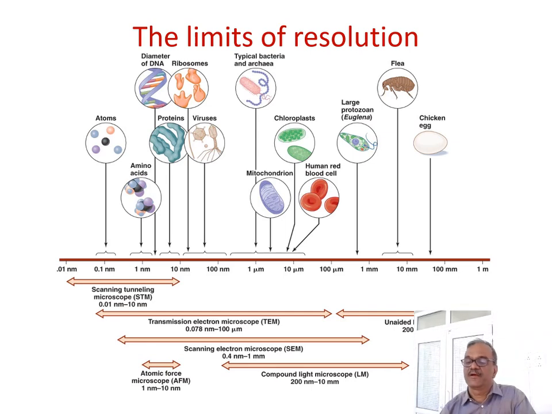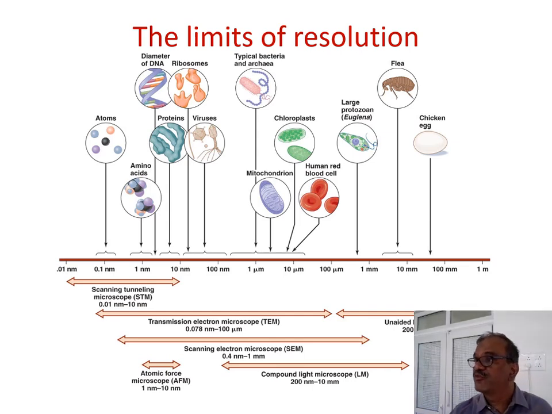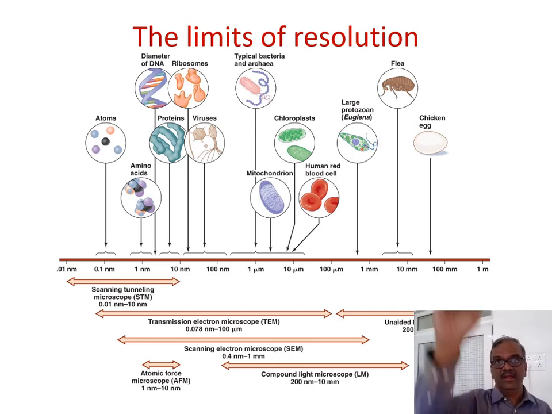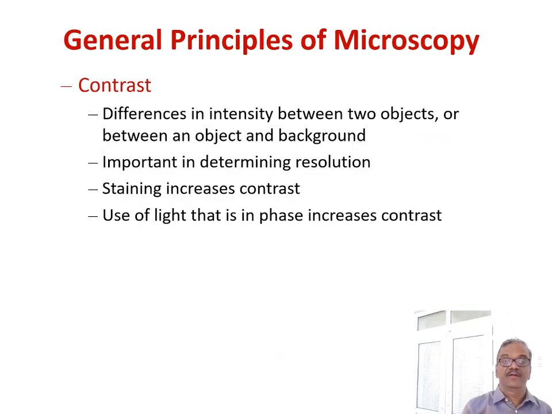Then a chicken egg, what is the diameter? Around 60 millimeter. So like that you can observe various things. The limit of resolution varies depending upon the power of the microscope. Is it clear? The last row. Okay, so we will go to the next slide.